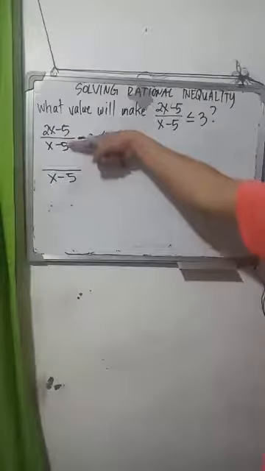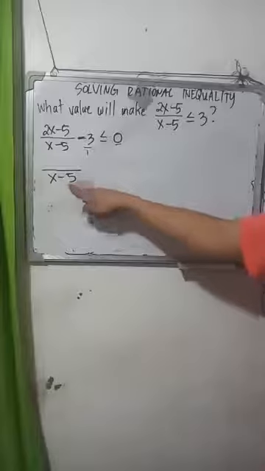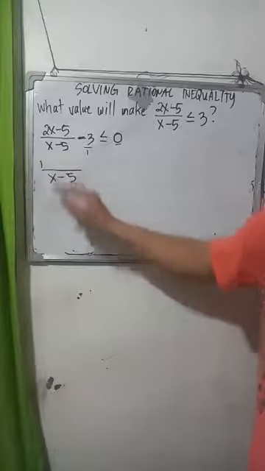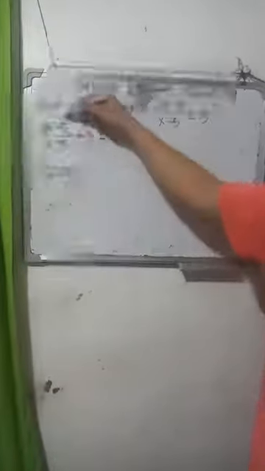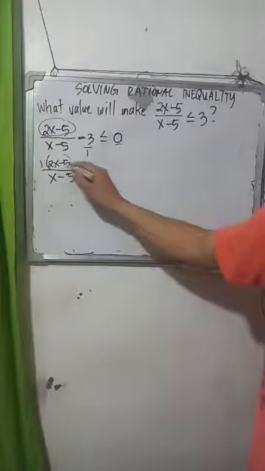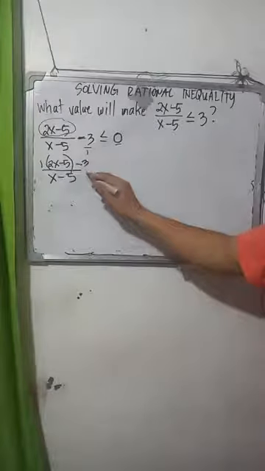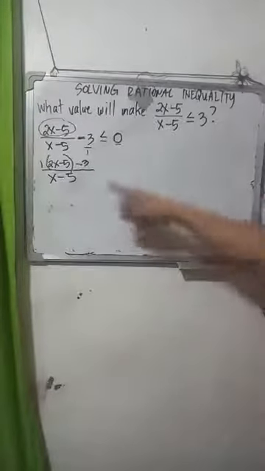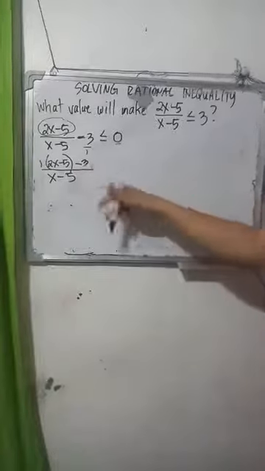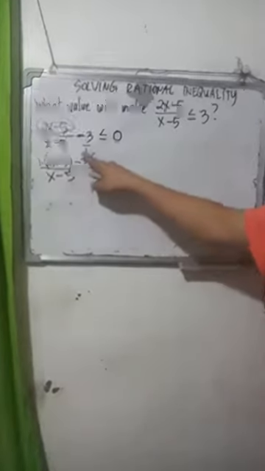Divide natin yan dito. So x minus 5 divide x minus 5, that is 1. Times the numerator, that is 2x minus 5. Then subtract negative 3, times x minus 5 divide 1.